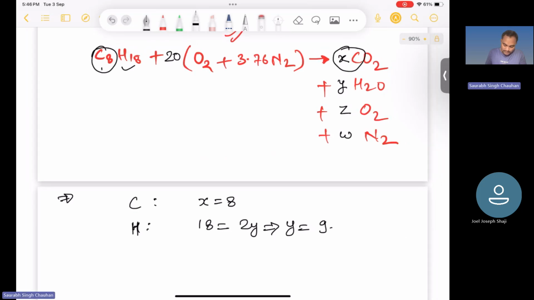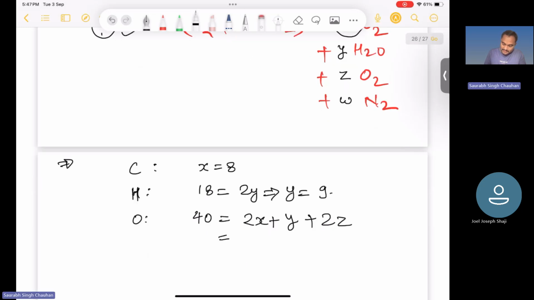Now to balance oxygen: on the left-hand side we have 20 into 2, so 40 oxygen atoms. On the right-hand side you have oxygen in carbon dioxide, 2x, plus in H2O, y oxygen atoms, and in oxygen itself you have 2z. X is 8, so it will be 2 into 8 plus 9 plus 2z is equal to 40.